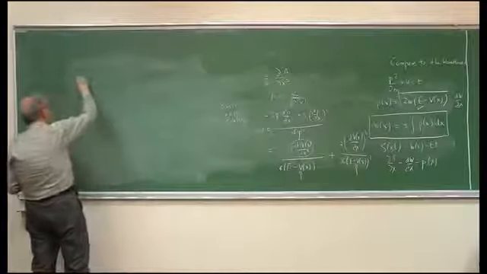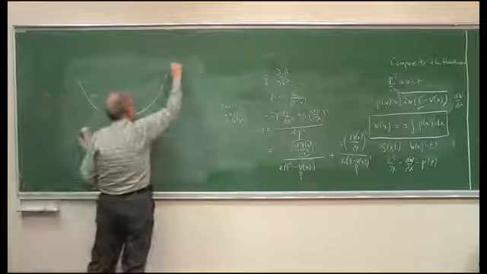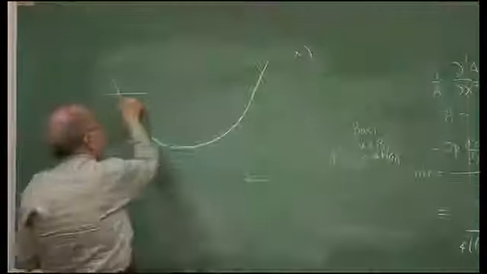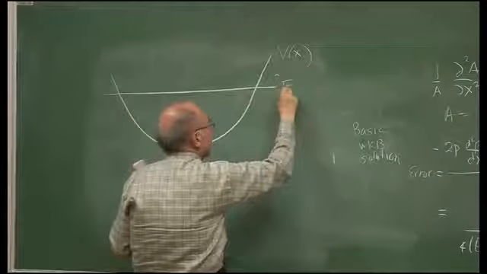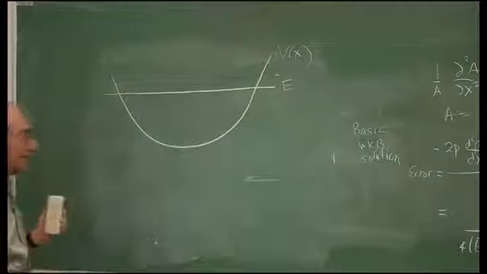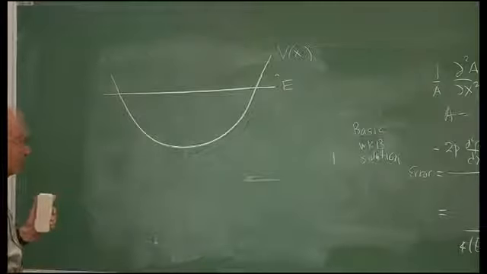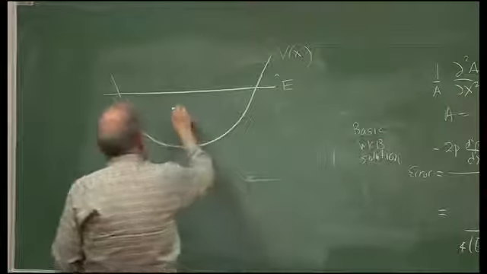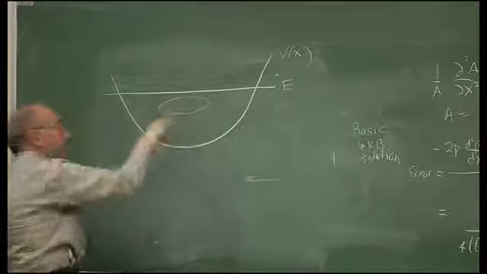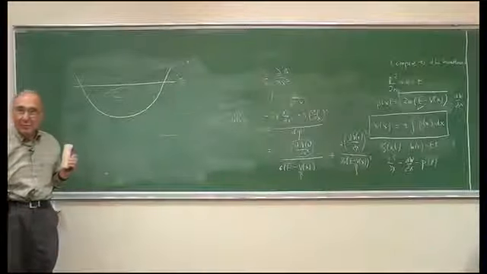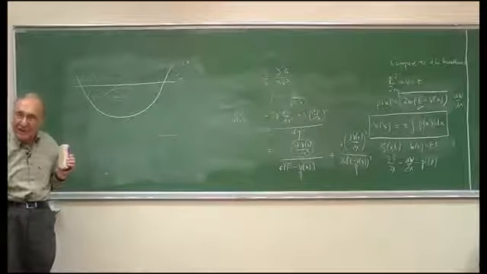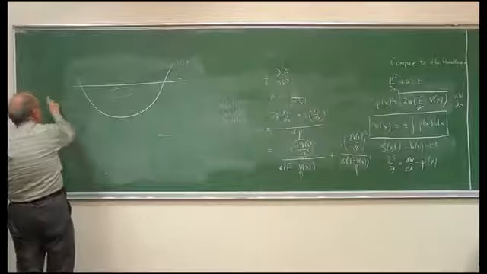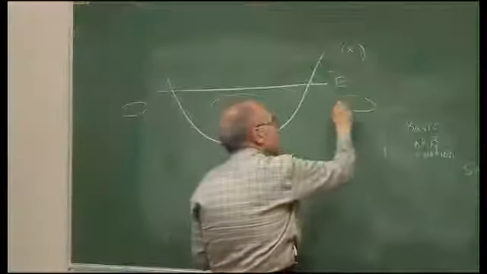Let's assume we have a potential like this. And here we have an energy E. Now, the WKB solution is going to be valid somewhere in here, inside the potential well, with a real exponential, with an imaginary exponential, and somewhere out there with a real exponential.